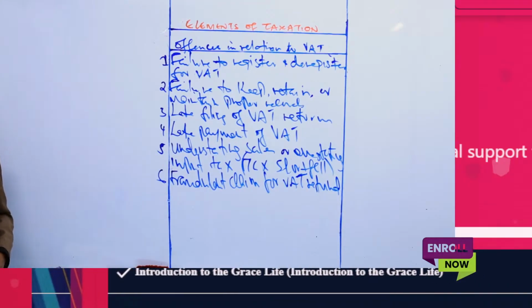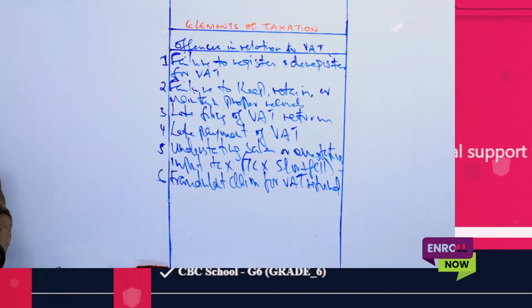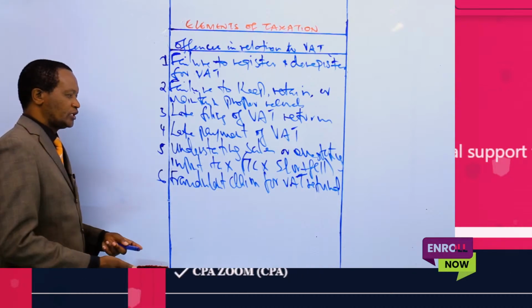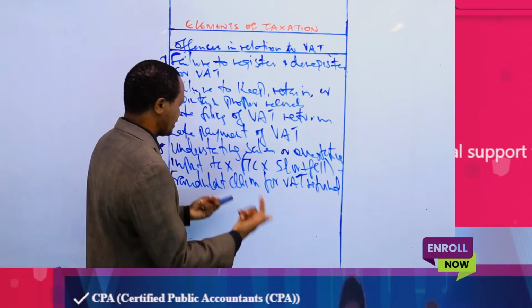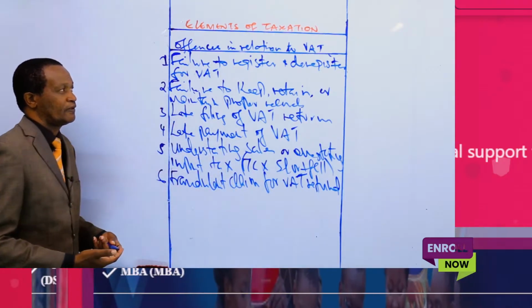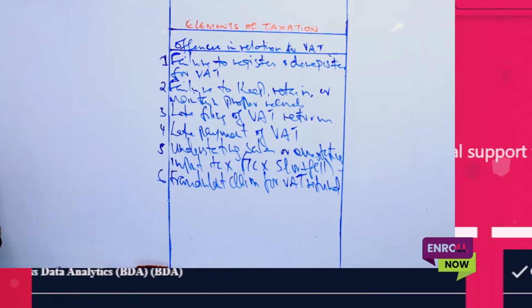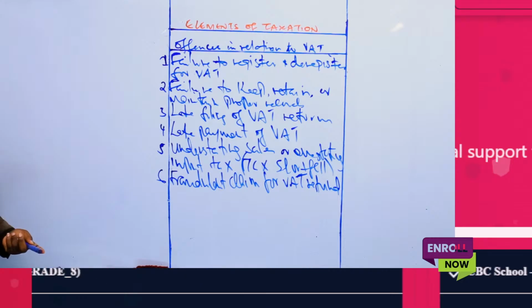The offense is making a false or misleading claim for a VAT refund that one is not entitled to. If you are not entitled to a VAT refund and you make a claim for VAT refund, that constitutes an offense under VAT. And there is a penalty for that.